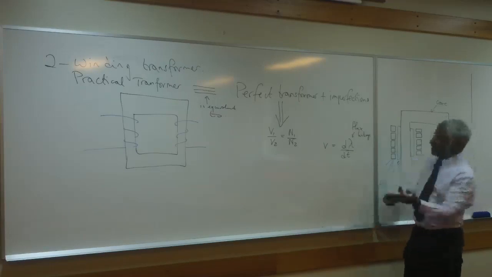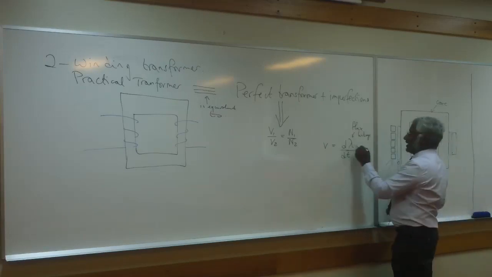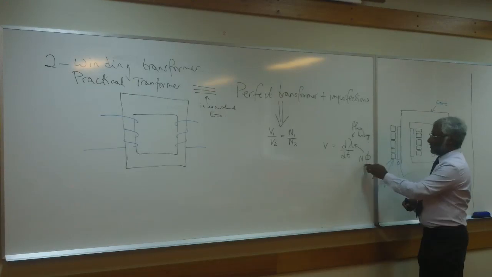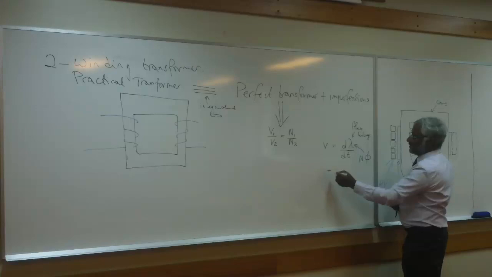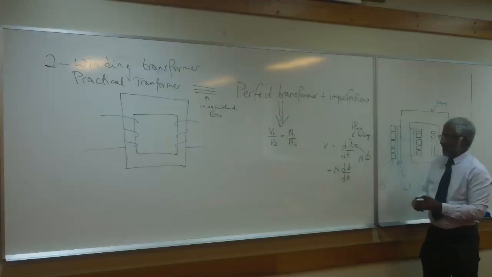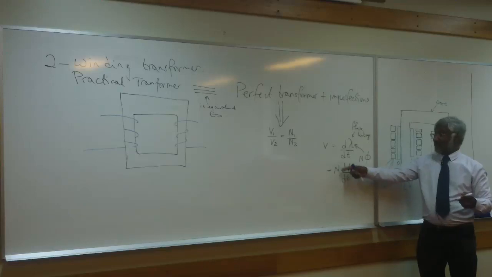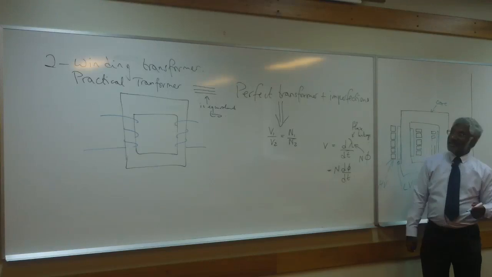Now, if there are many turns in the circuit, this lambda, it's actually flux linkage, which is N times the amount of flux linking the circuit. So you have, therefore, V equal to N d phi dt, where phi is the flux linking the circuit. The circuit happens to have N turns.